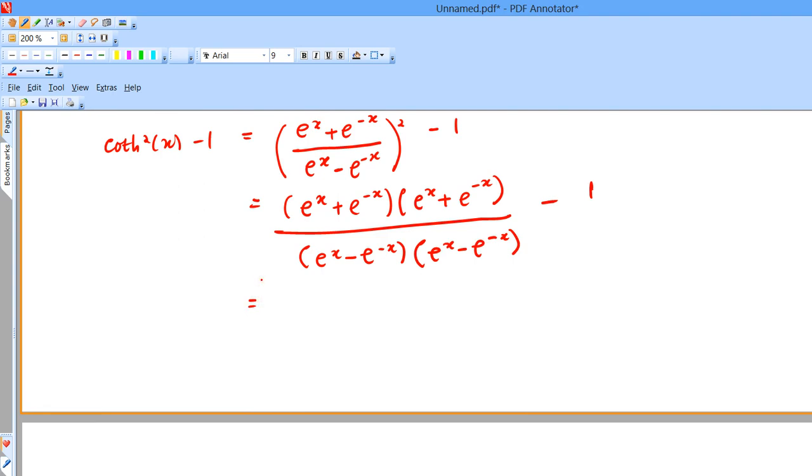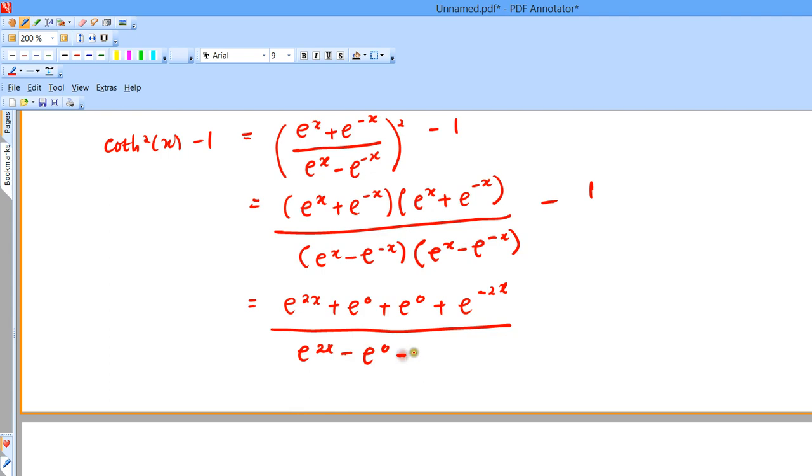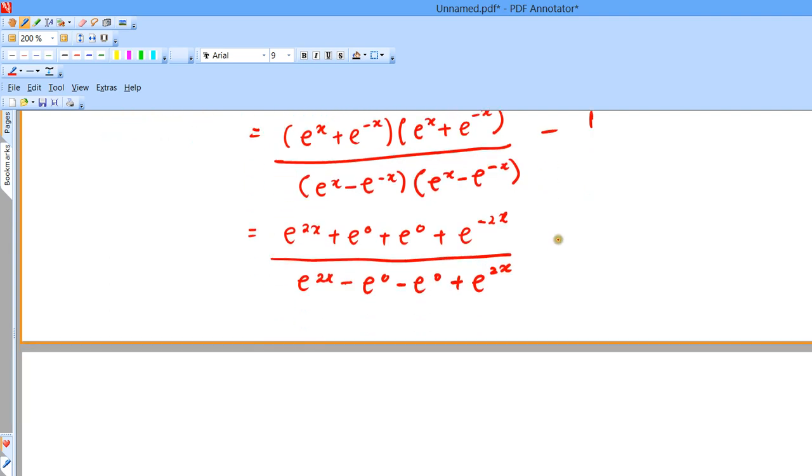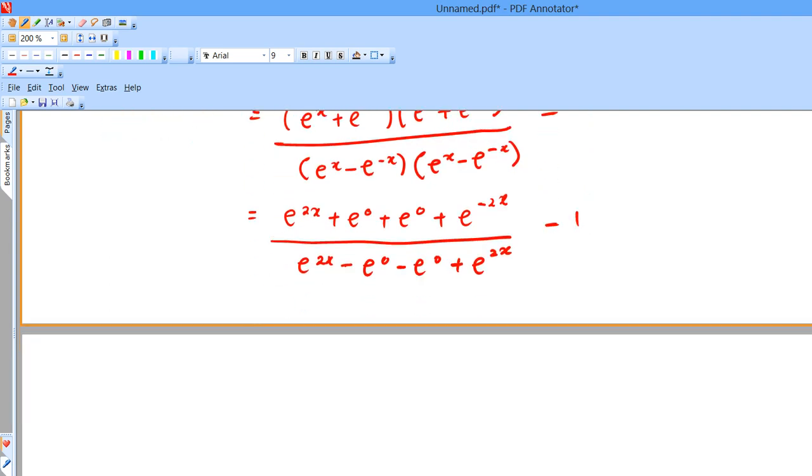You can expand numerator equal to e power of 2x plus e power of 0 plus e power of 0 plus e power of negative 2x divided by denominator e power of 2x minus e power of 0 minus e power of 0 plus e power of negative 2x, then minus 1.